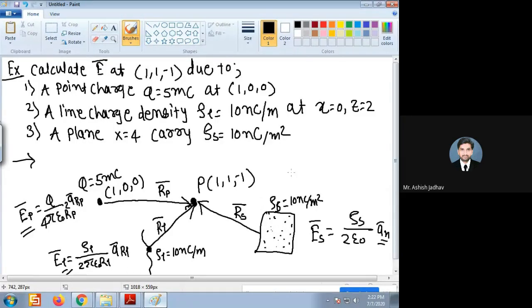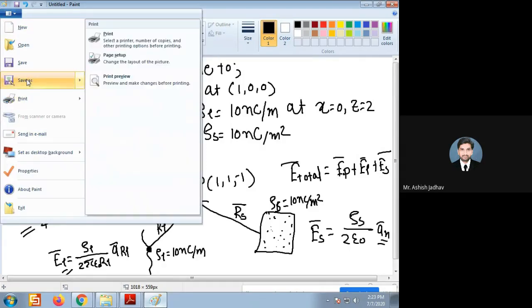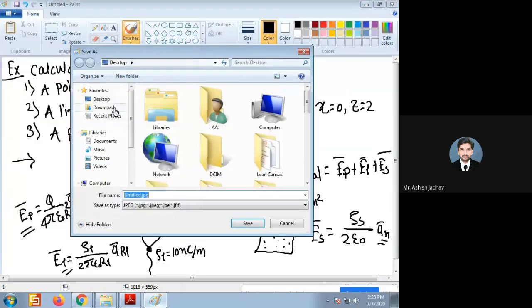So hope you understood. To find the total electric field intensity, E bar total is EP bar plus EL bar plus ES bar. This is the formula, just similar to the example that we have studied just now. So hope you have started solving this.